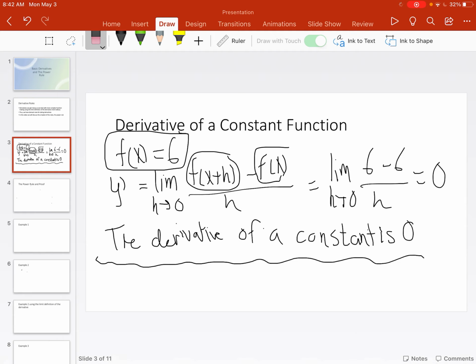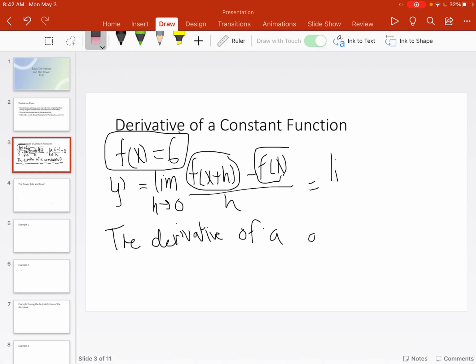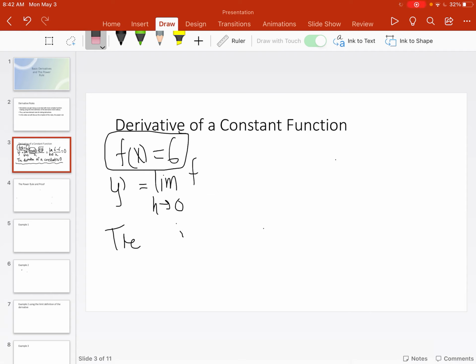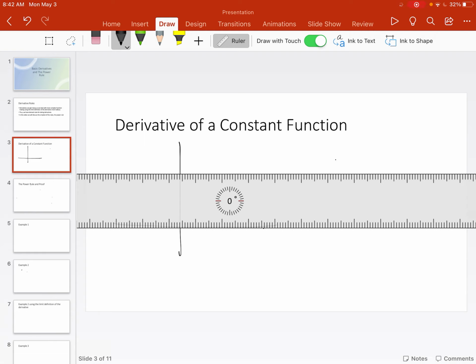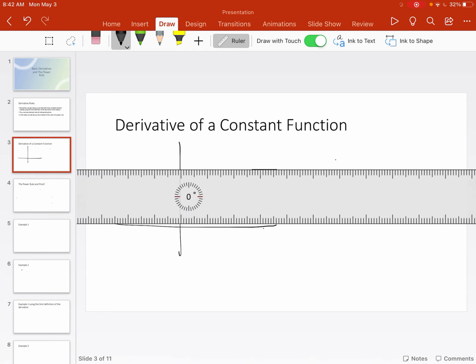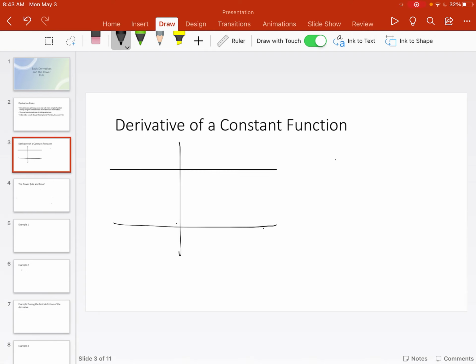Let's get a visual idea of this. So I'm going to erase all I've written here, and let's draw a graph. Let's say we've got our function f of x is equal to 6.